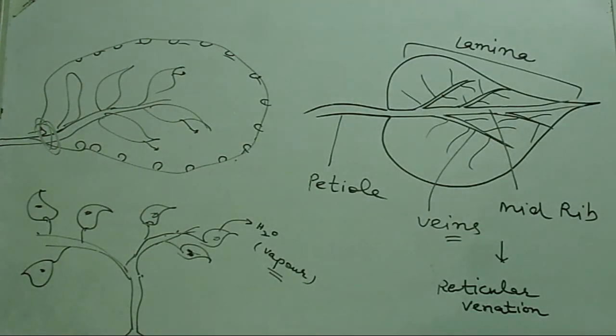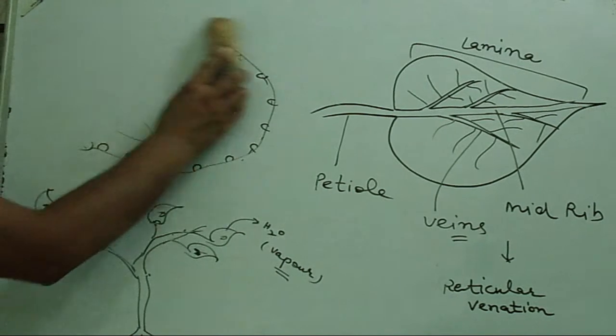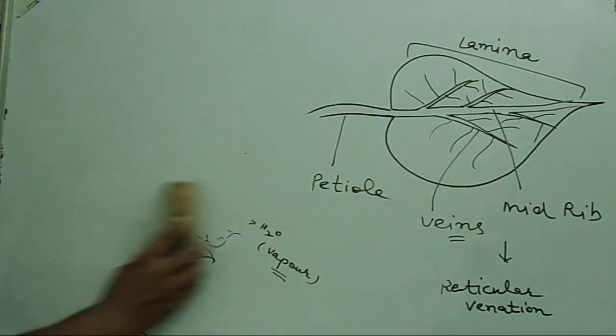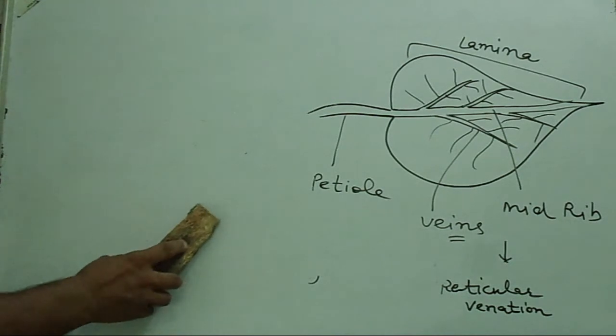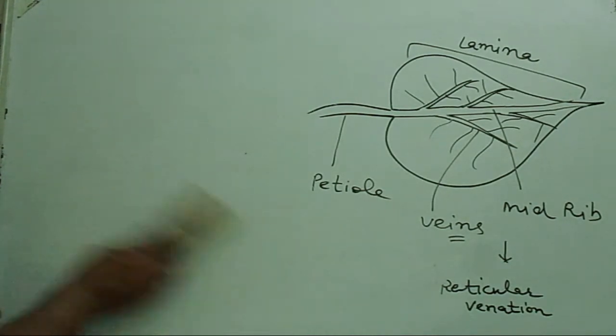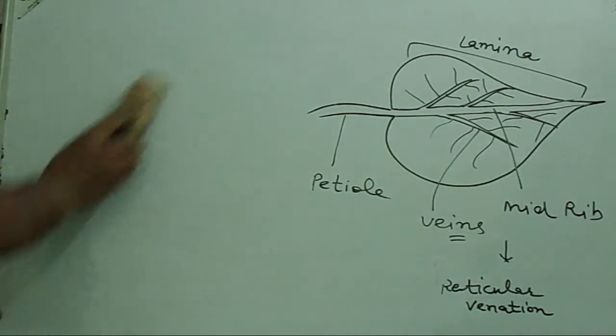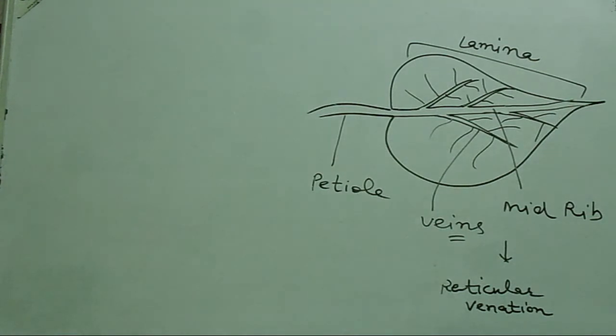So now we are going to perform another activity here, and for that activity what do we need? We need one green leaf, and similarly we need ethanol, or we can say alcohol.